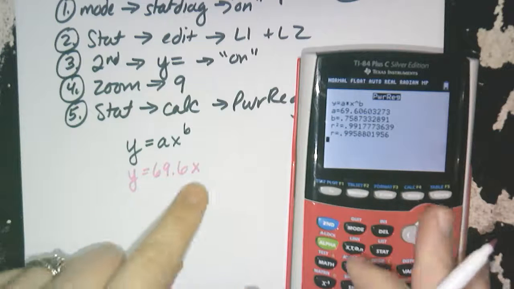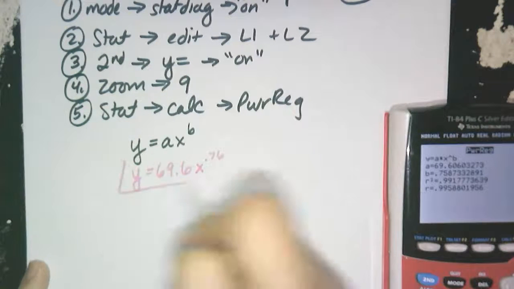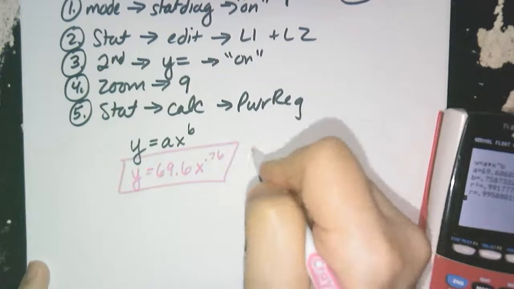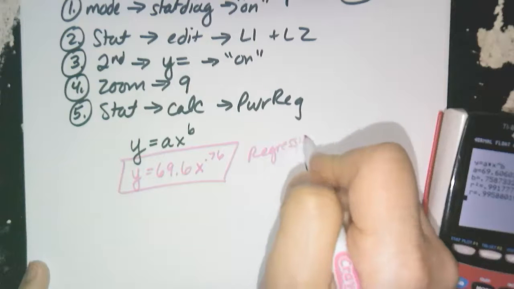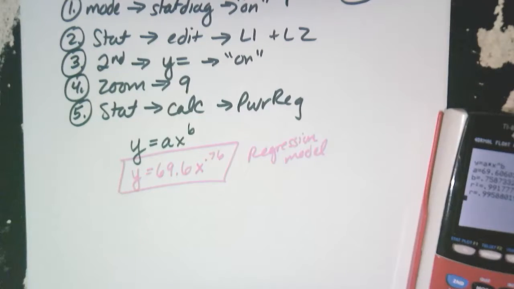Okay. x to the b power, I have 0.76. This is my regression model for that question on animals' resting metabolic rate and their kilograms. So I can actually predict what their metabolic rate would be based upon their kilograms.